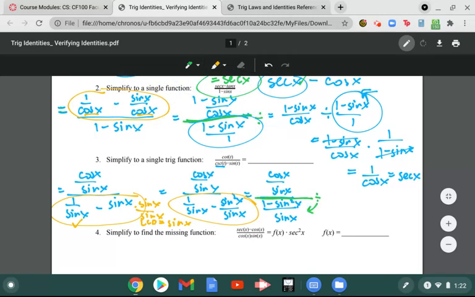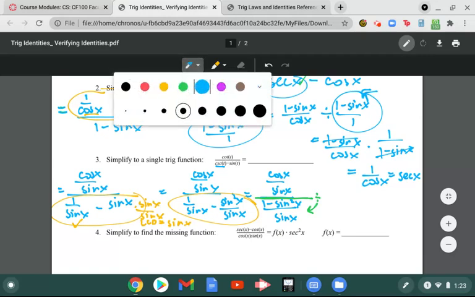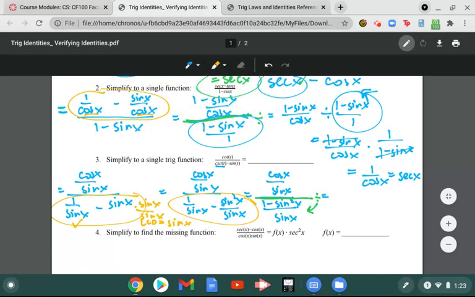I'm dividing by that denominator, but instead I'm going to write it as multiplying by the reciprocal. So in my next step, I'm going to write this as my numerator. Let me put a line here so I don't get this mixed up. Cosine x over sine x, that's my numerator, multiplied by the reciprocal of my denominator, sine x over 1 minus sine squared x. I can cancel my sines.